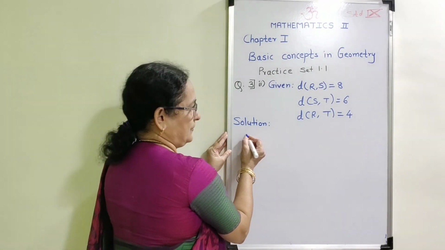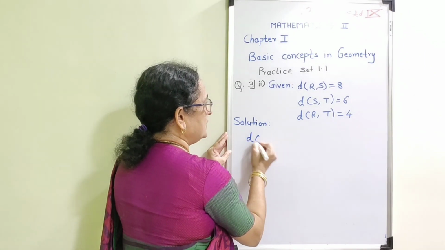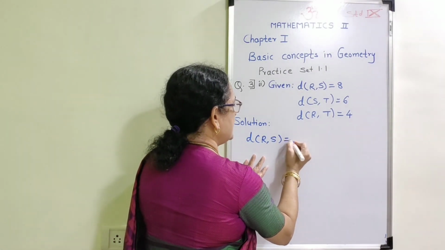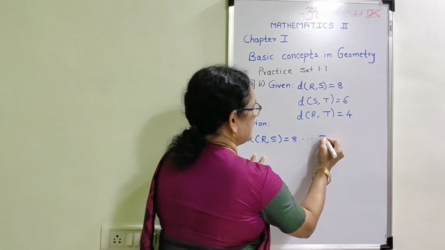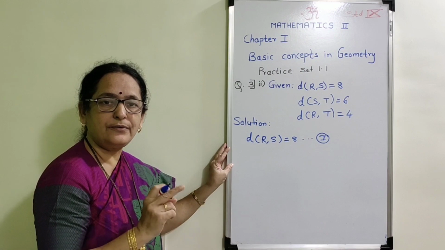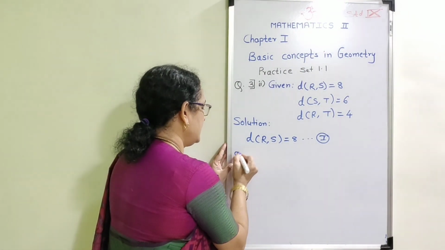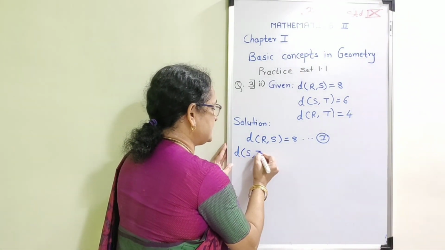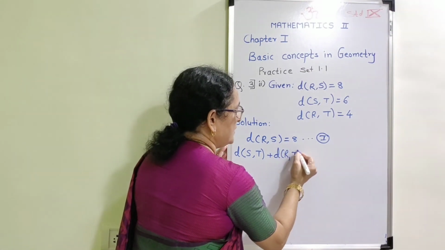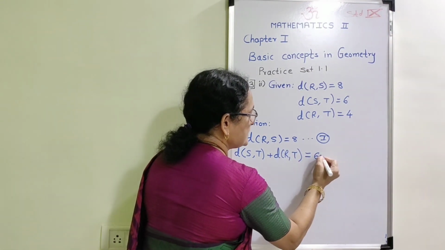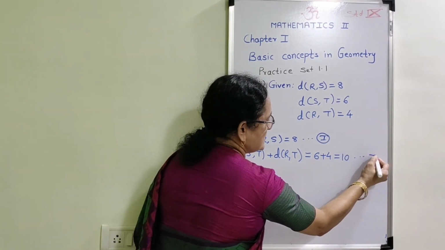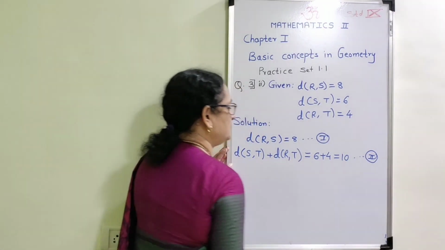Here from the given we will write the greater distance, that is distance RS is equal to 8. Statement number 1. Now take the sum of remaining two distances, that is distance ST plus distance RT, which is equal to 6 plus 4, and that is equal to 10. This is our statement number 2.